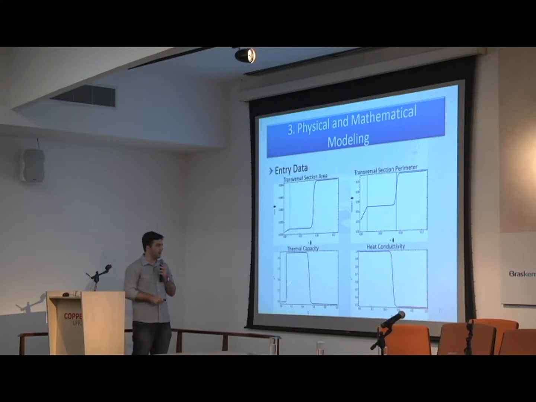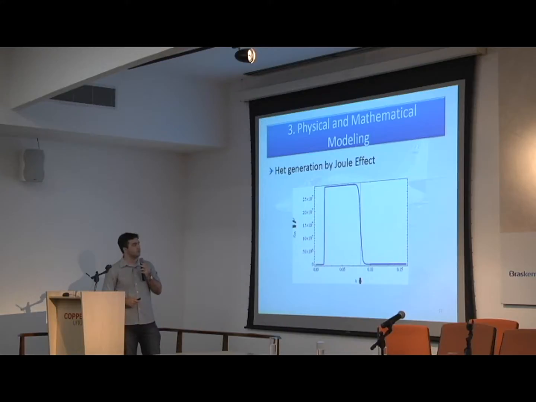So taking this into account, we saw that it made a big difference in the transient response that we found. So here is the Joule effect from the thermal protection system. You see that the step here is almost in the same place as the one in the heat capacity.